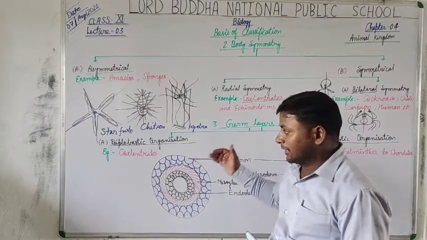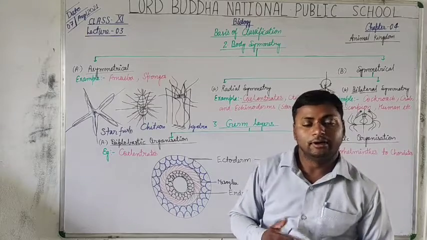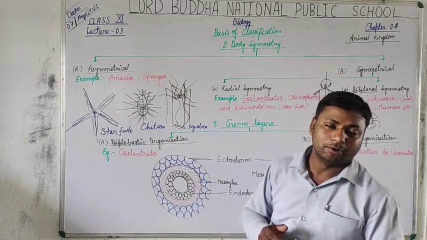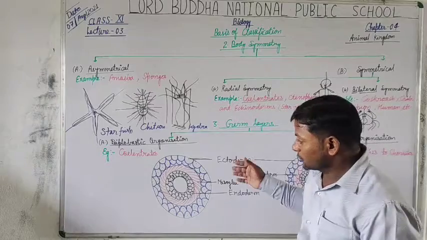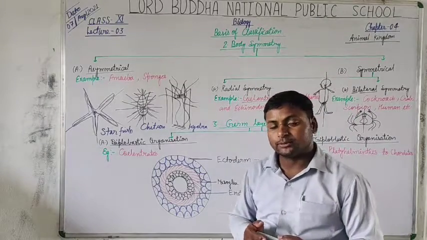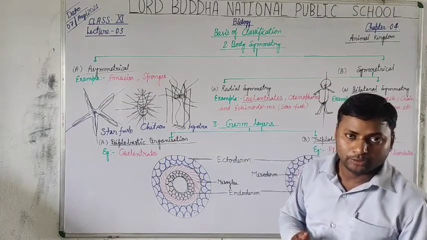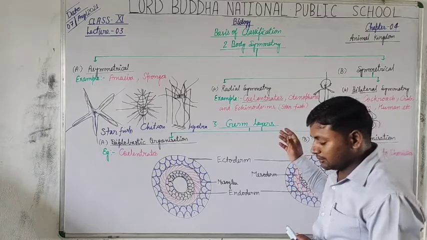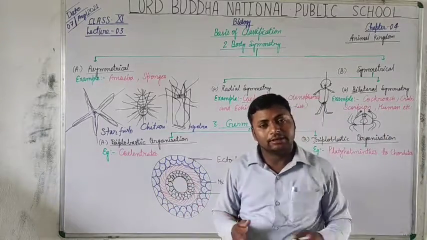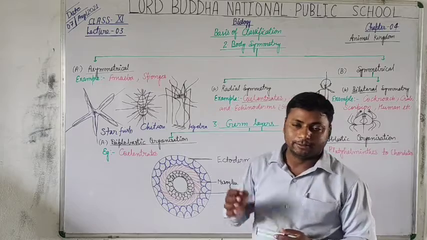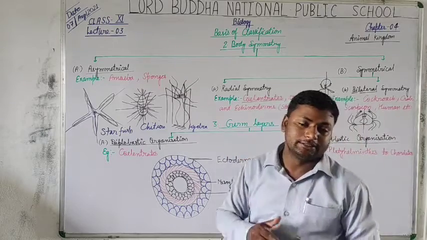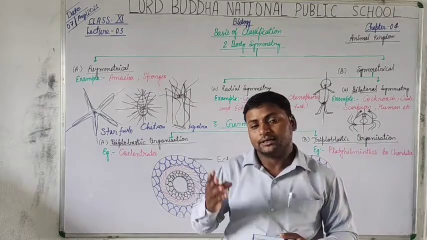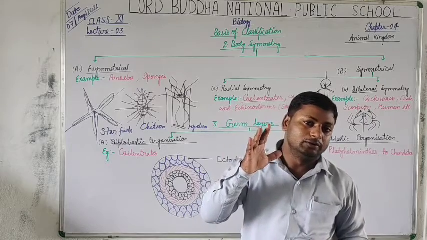The systematic positions differ on the basis of the number of germ layers present. Most of the members show two germ layers, whereas the remaining few show all three germ layers. It means there are three embryonic layers: ectoderm, mesoderm, and endoderm.